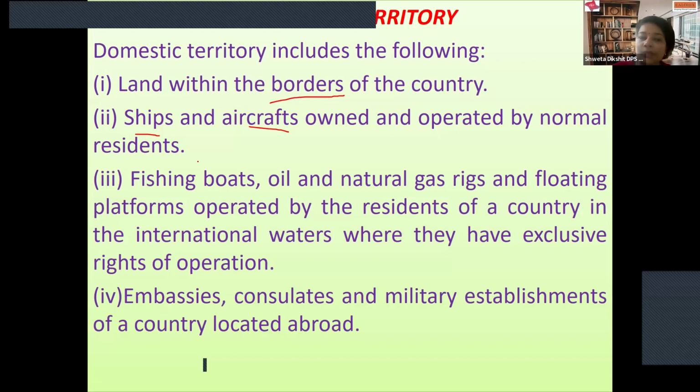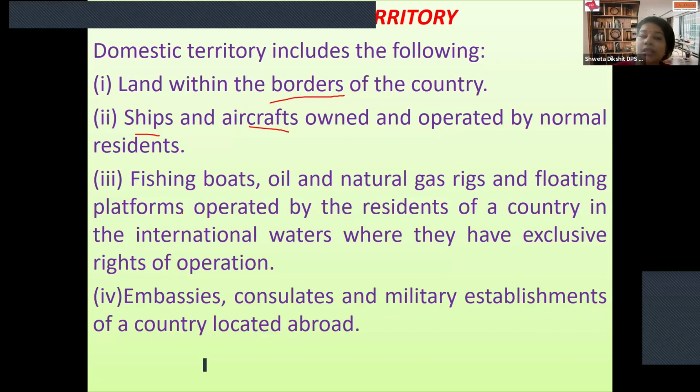So within that ownership, our fishing boats, our oil rigs, our natural gas rigs, floating platforms, maybe the security executions, they are all part of the Indian economy because they are within our domestic territory.